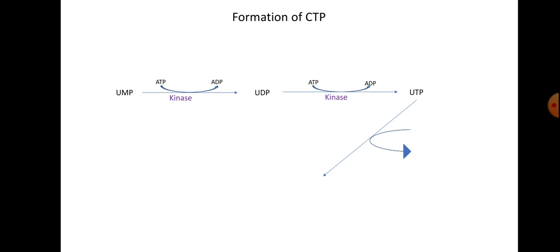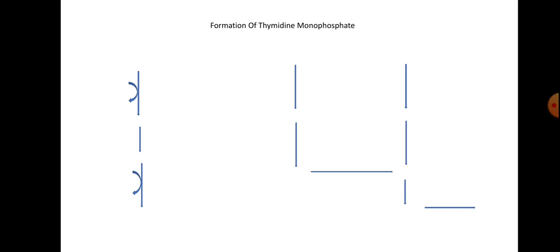That amide group is provided by glutamine, right? Glutamine reacts with a molecule of ATP and water under CTP synthetase and forms CTP, glutamate, ADP, and inorganic phosphate is given off.